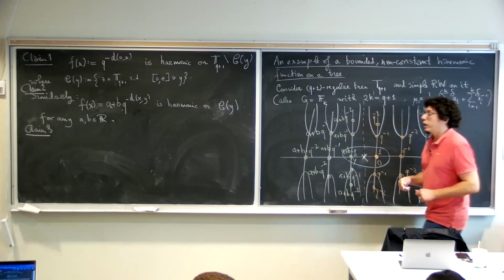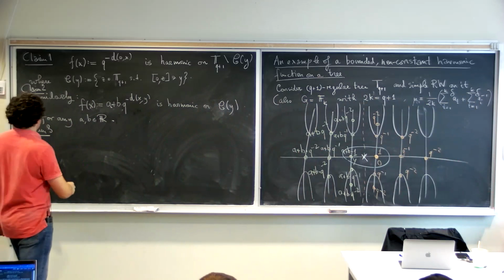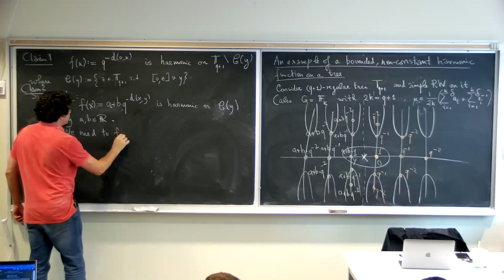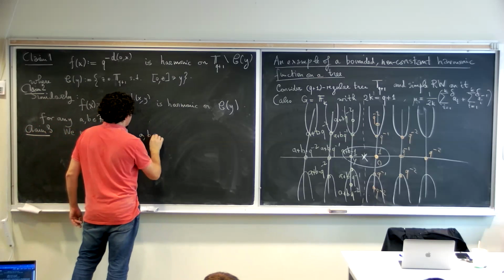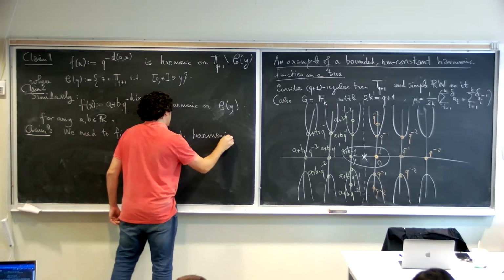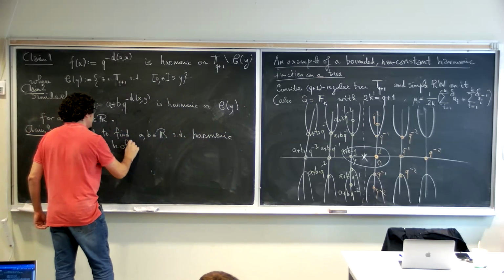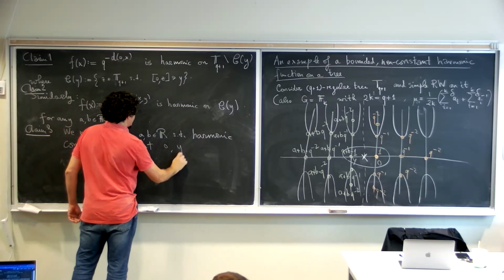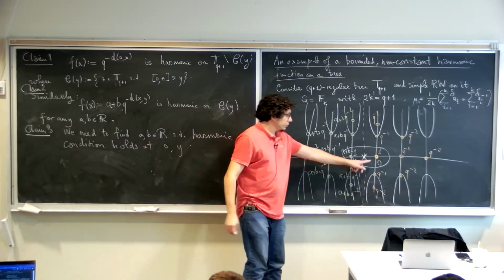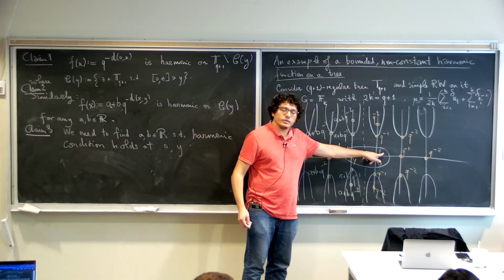Okay. So we need to find, we hope to find a and b such that the harmonic condition holds at 0 and y. At 0, or O, the value that we already know is 1.